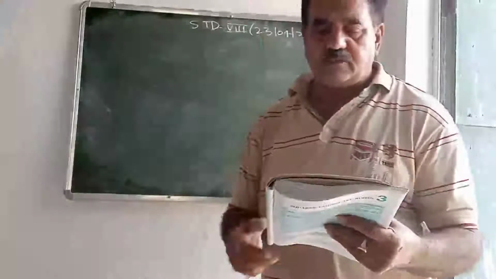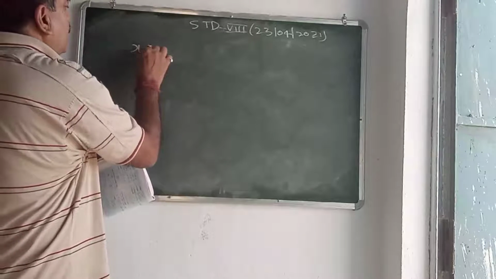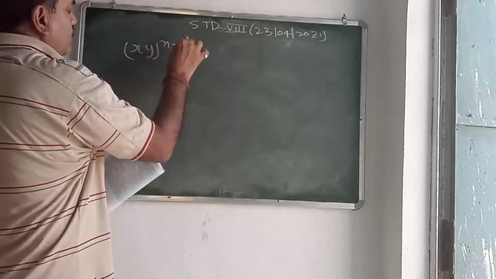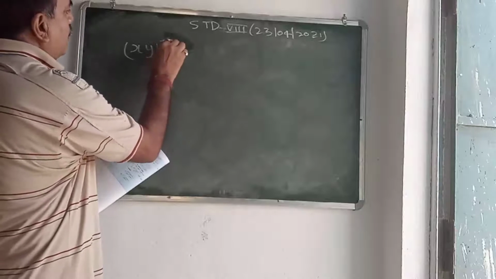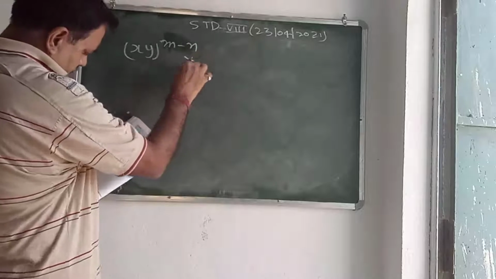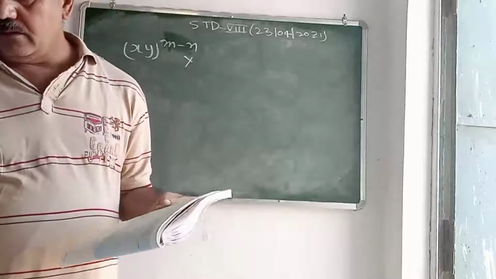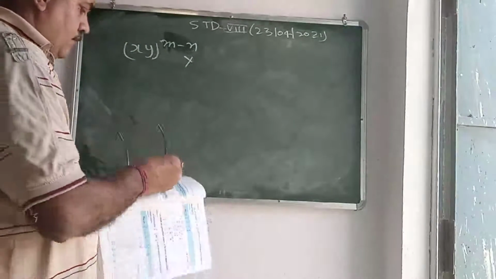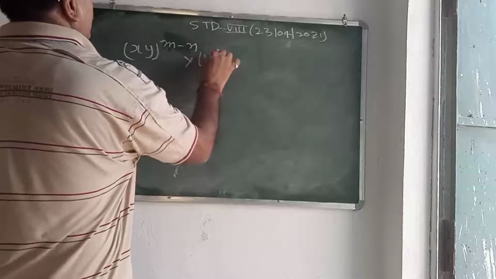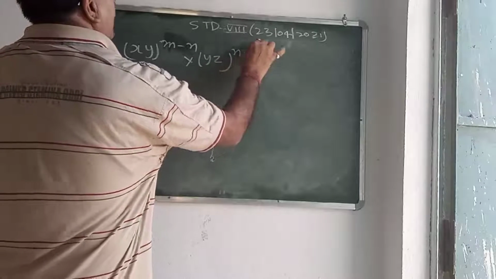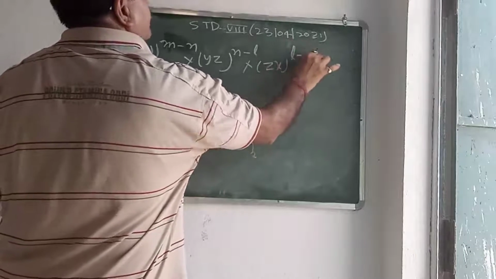So, as I ask you the question: x^(m-n) into y^(m-n) into y^(n-l) into z^(n-l) into z^(l-m) into x^(l-m).